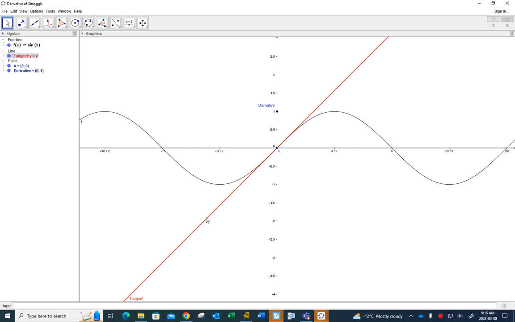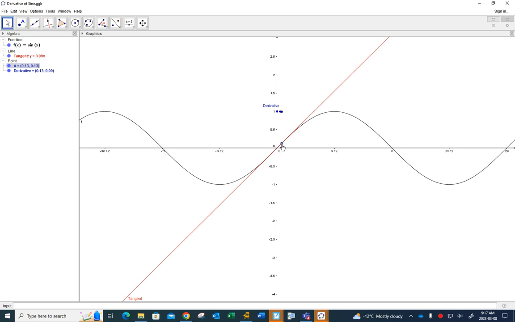It would have a slope of 0, so I would have a point at pi over 2. So I'm going to drag this point up to pi over 2, and we're going to see what happens. We know that this one should be 0, and this one is 1. We're just going to see what happens in between as I drag it.